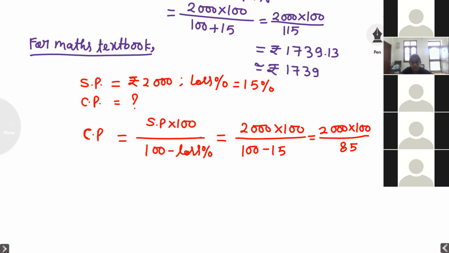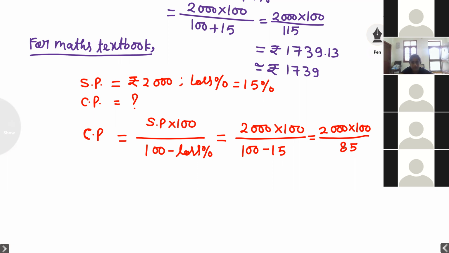Student, in the first case I found CP for the novel. The second time we got CP for the mathematics textbook. First time Ria is getting profit, second time Ria is getting loss, so it is 100 minus loss percentage.